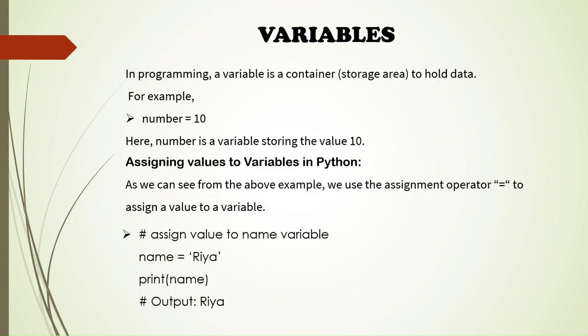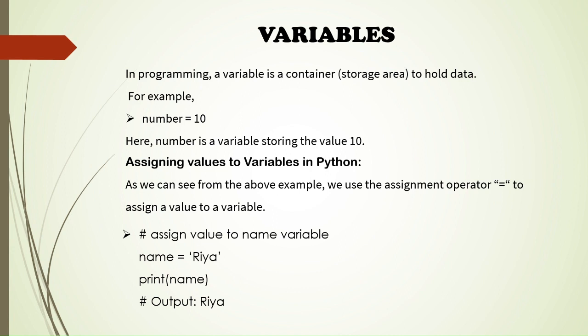The next topic, variables. In programming, a variable is a container, that is a storage area to hold the data. For example, we are assigning 10 to a variable named number. Here, number is a variable storing the value 10.